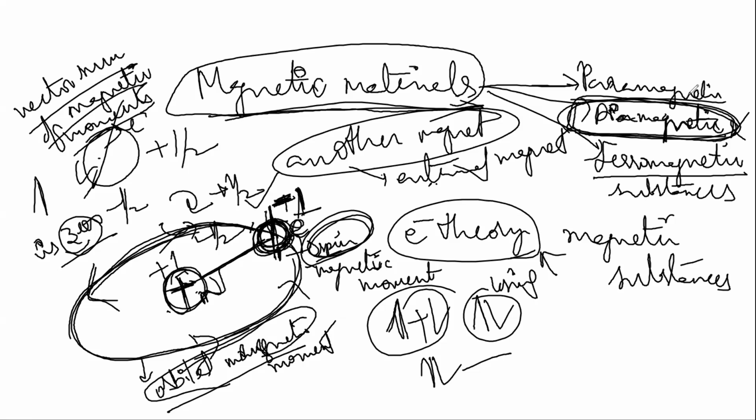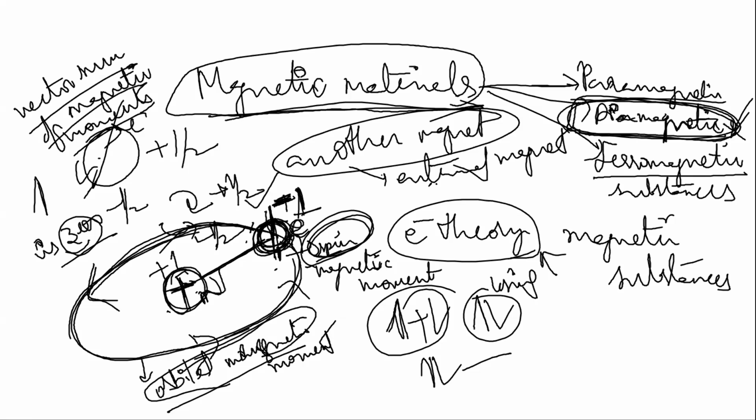When the vector sum of magnetic moments of the substance containing different types of atoms, which consist of electrons, becomes 0, then the material is said to be diamagnetic material.